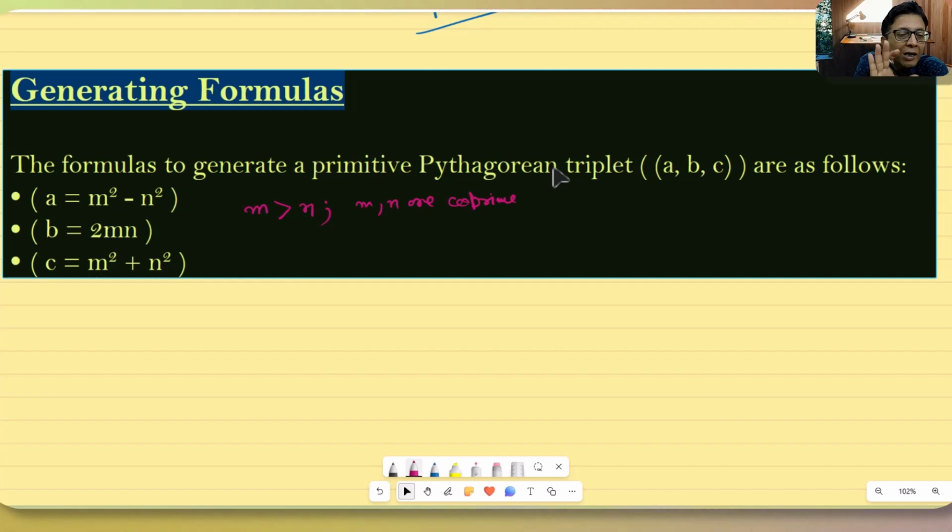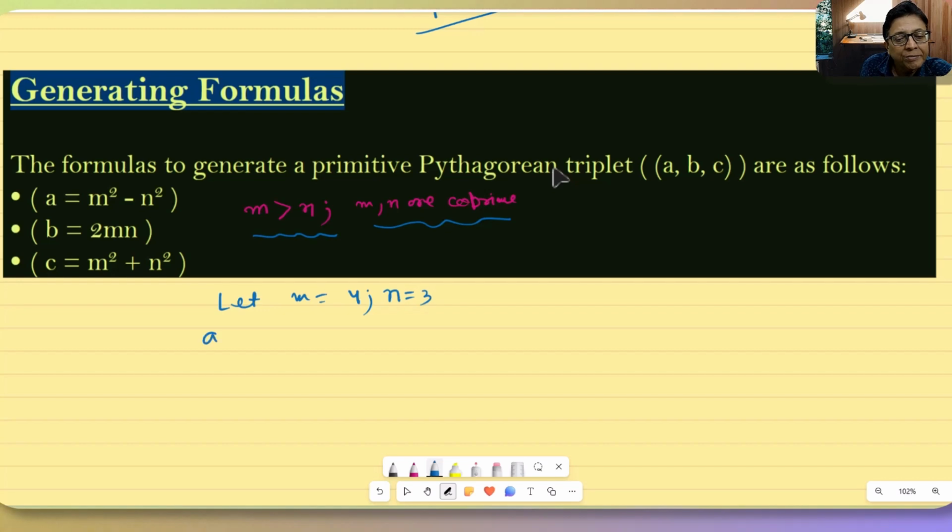Now before we start anything, let us see whether they can form primitive Pythagorean triplets or not really, just obeying this condition, m greater than n and they are coprime. You take m equal to 4, n equal to 3.